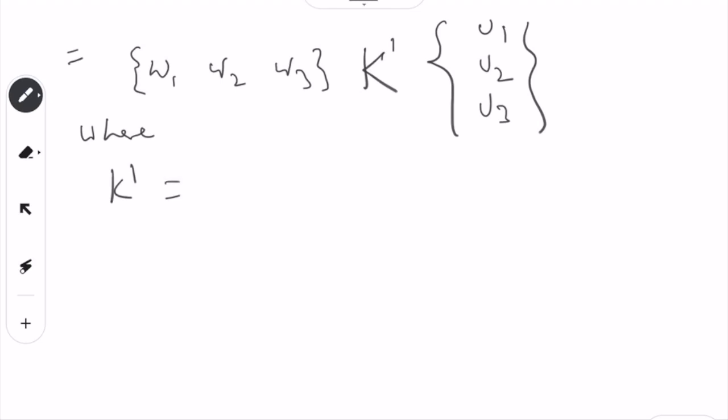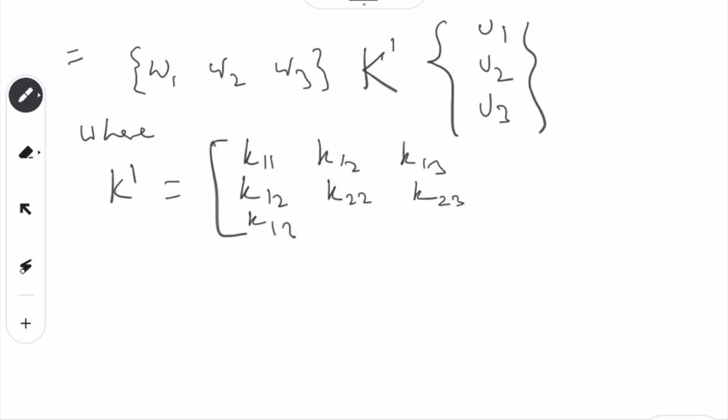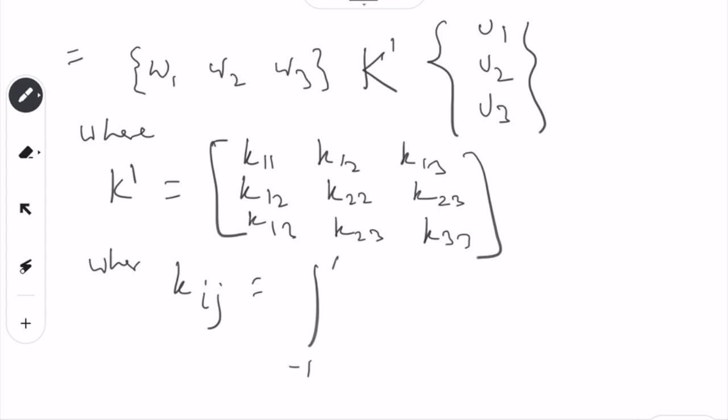K1 will be equal to K11, K12, K13, then this is symmetric, so it will be K12, K22, K23, and then K13, K23 and K33, like this, where Kij is equal to the integral from -1 to 1 of dNi/dx times Ea times dNj/dx.